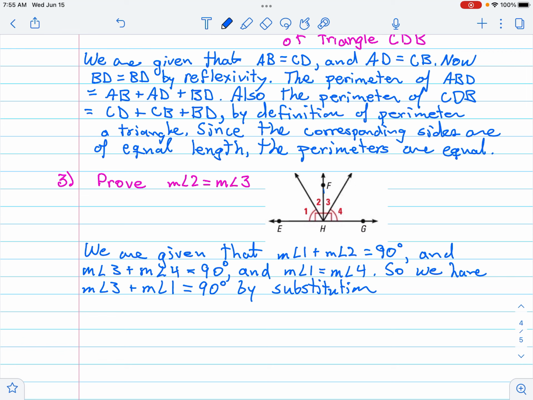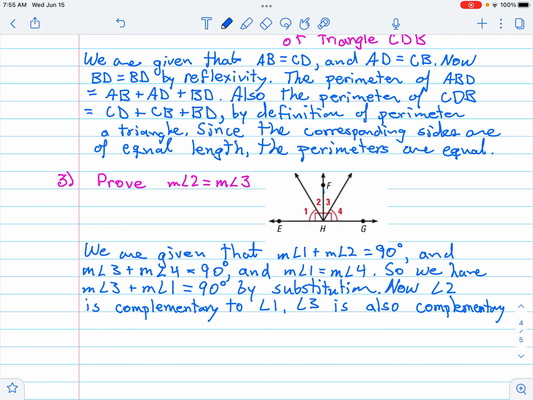Now, angle 2 is complementary to angle 1. We're already given that. And angle 3 is also complementary to angle 1.